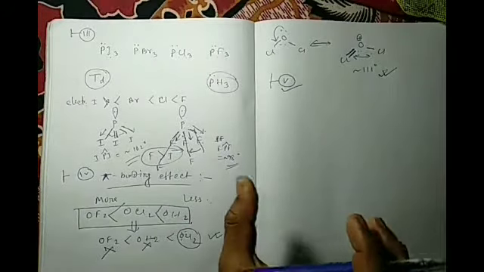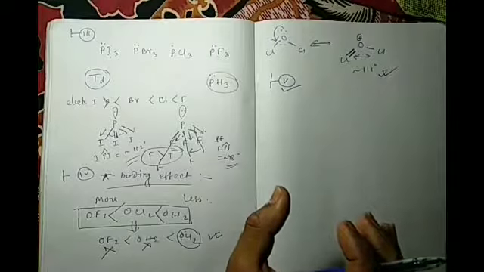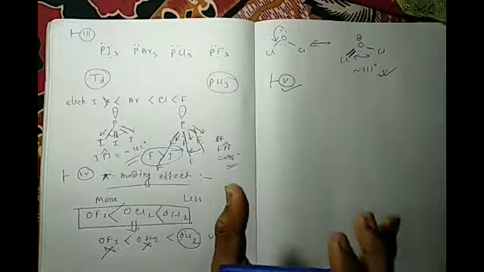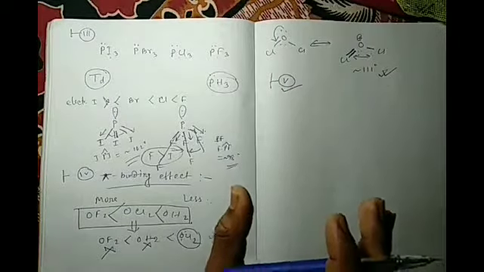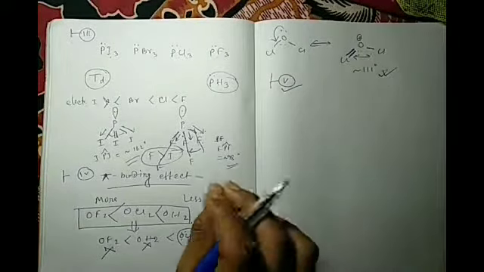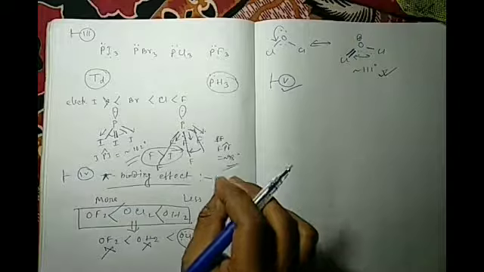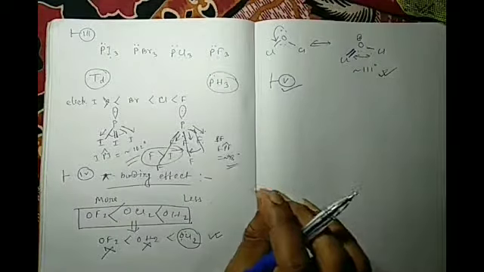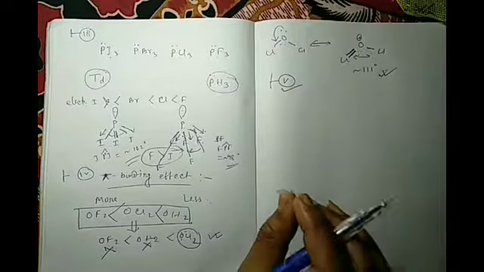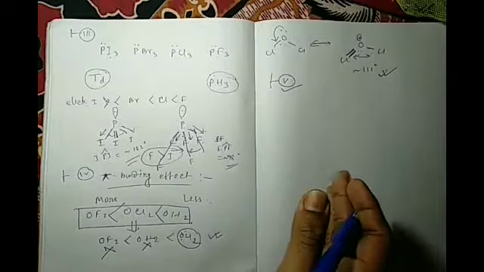That is, the central atom is more crowded, filled with electrons, but in the incompletely filled valence shell, the central atom is not fully filled with electrons.